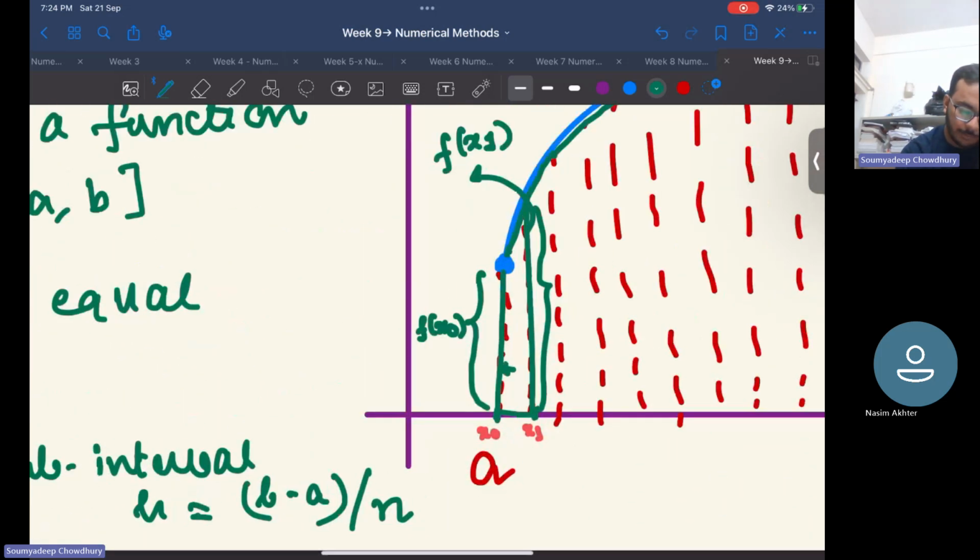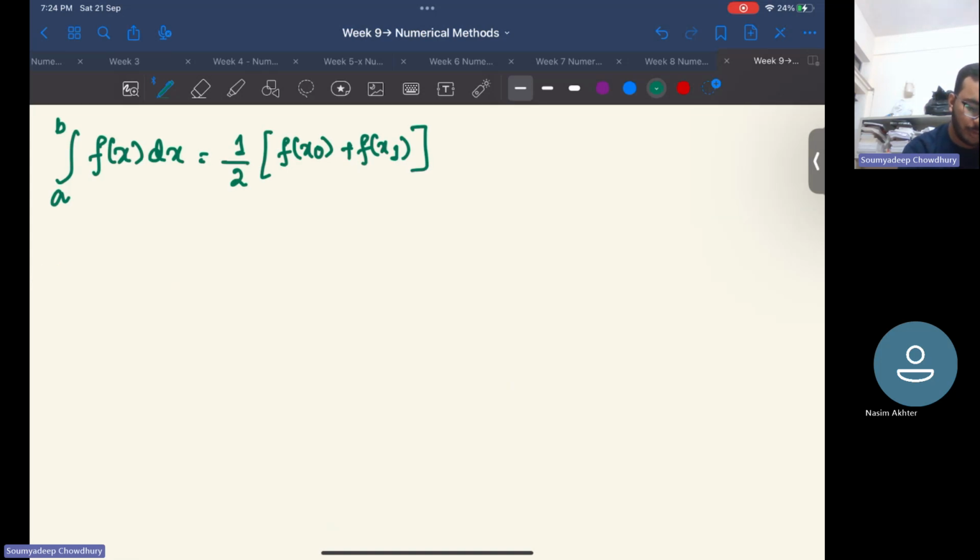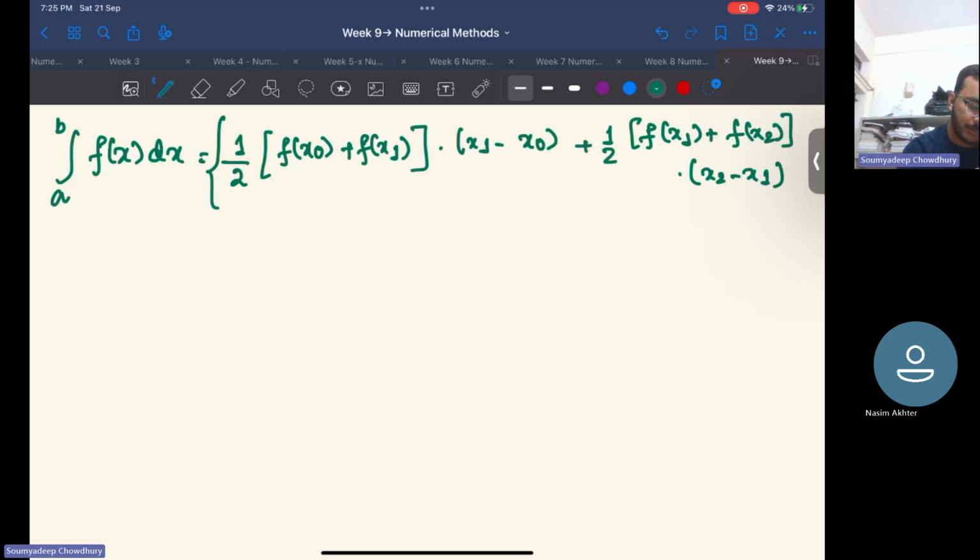So what is h? h is x1 minus x naught, right? So this is the first trapezium. What will be the next one? Similarly, it will be f of x1 plus f of x2 multiplied by x2 minus x1, right?